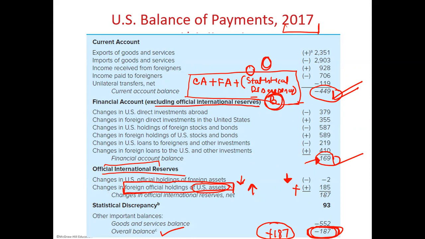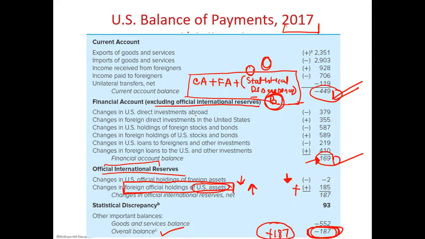What does it mean? The US is getting more foreign funds. Foreigners are investing in the US. In that case, it is a credit for the US balance of payments.